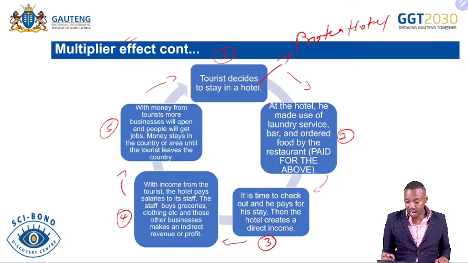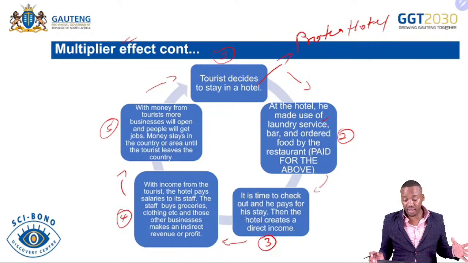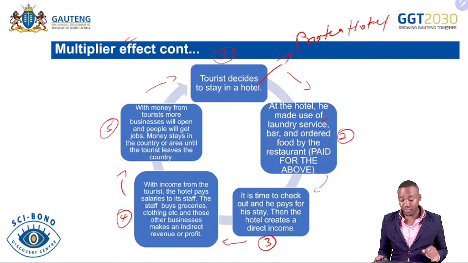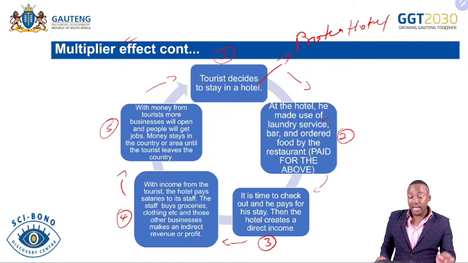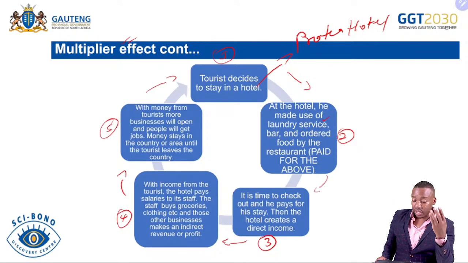At the hotel, he decides to make use of the laundry services. Obviously there are machines there, and someone is going to wash for them. Then what must they do? They need to pay. This is the motion that happens. This is now when the first money filters into the economy.